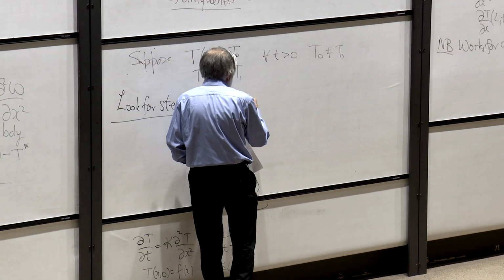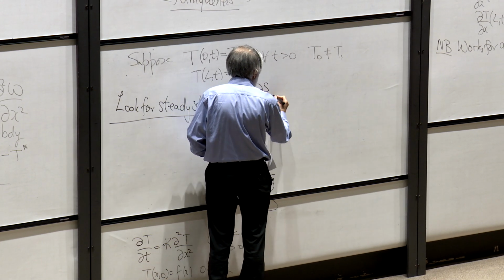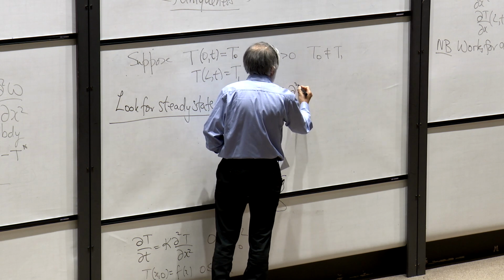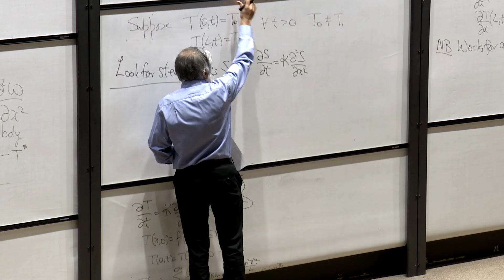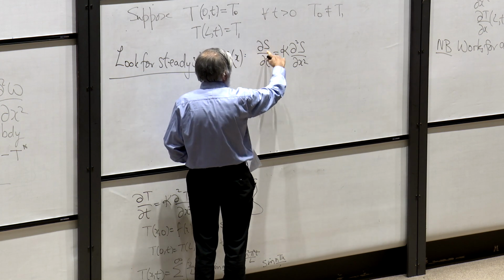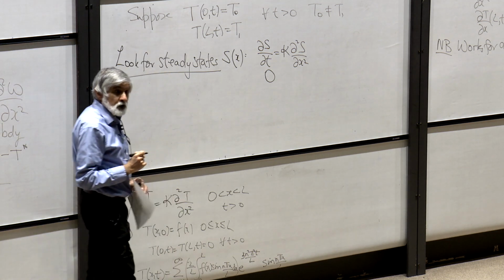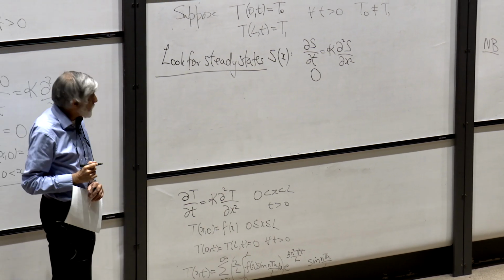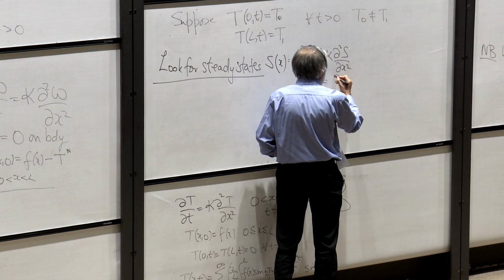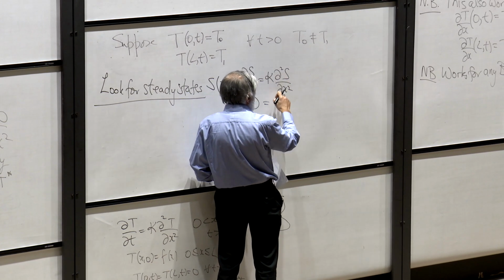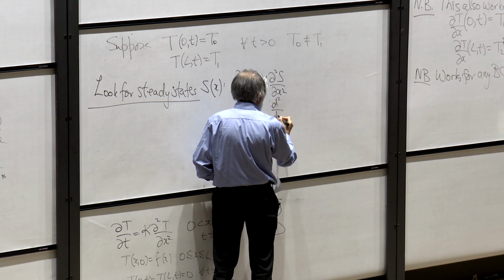So then we have dS by dt equals kappa d2S by dx squared. And this is 0 because it's a steady state. It doesn't depend on t, I mean. So this becomes an ordinary derivative.